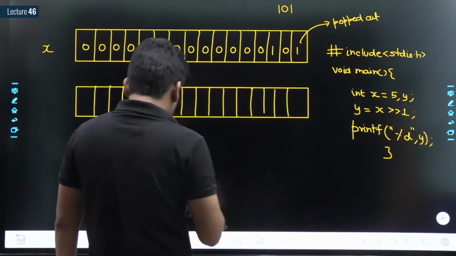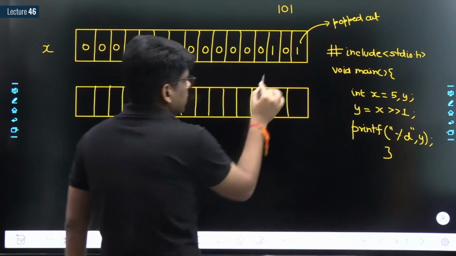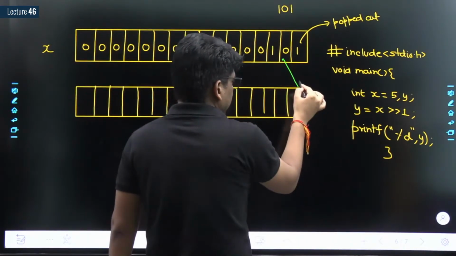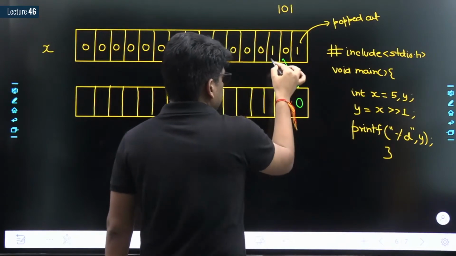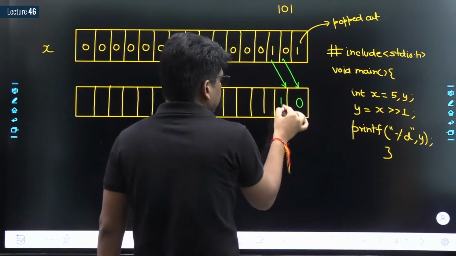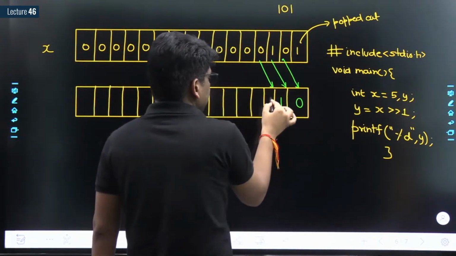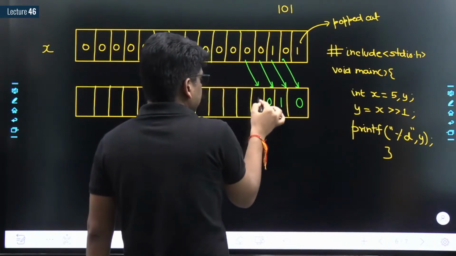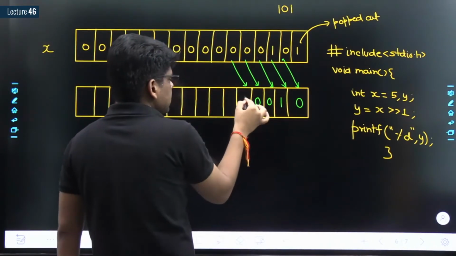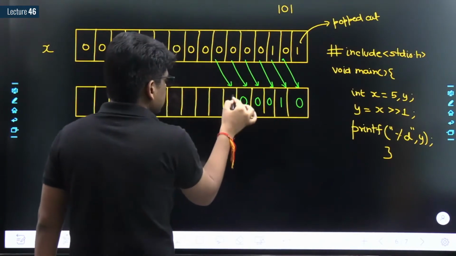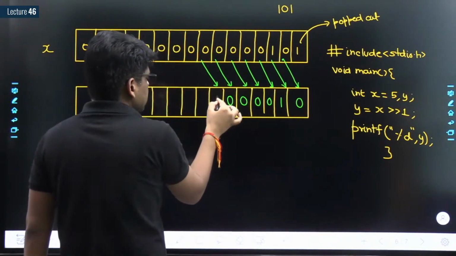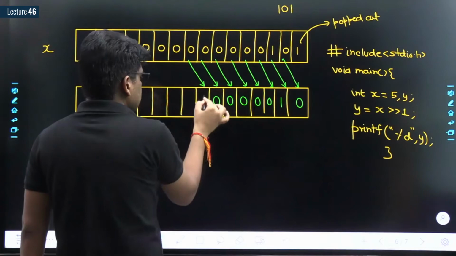If this is popped out, this will shift from here to here. That means 0. This will shift from here to here. That means 1. This will shift, that is 0. This will shift, that is 0. And the rest are 0.